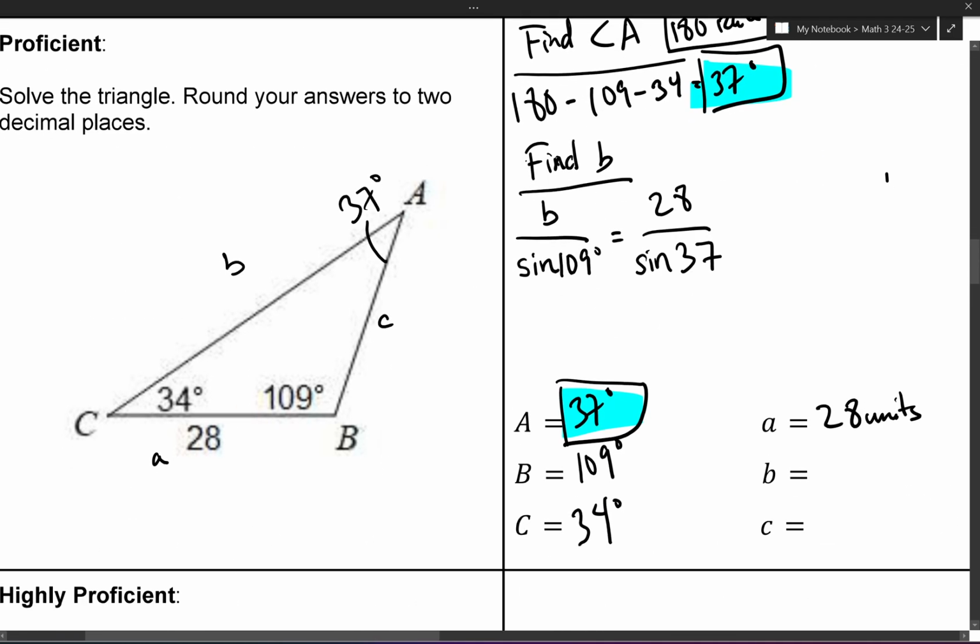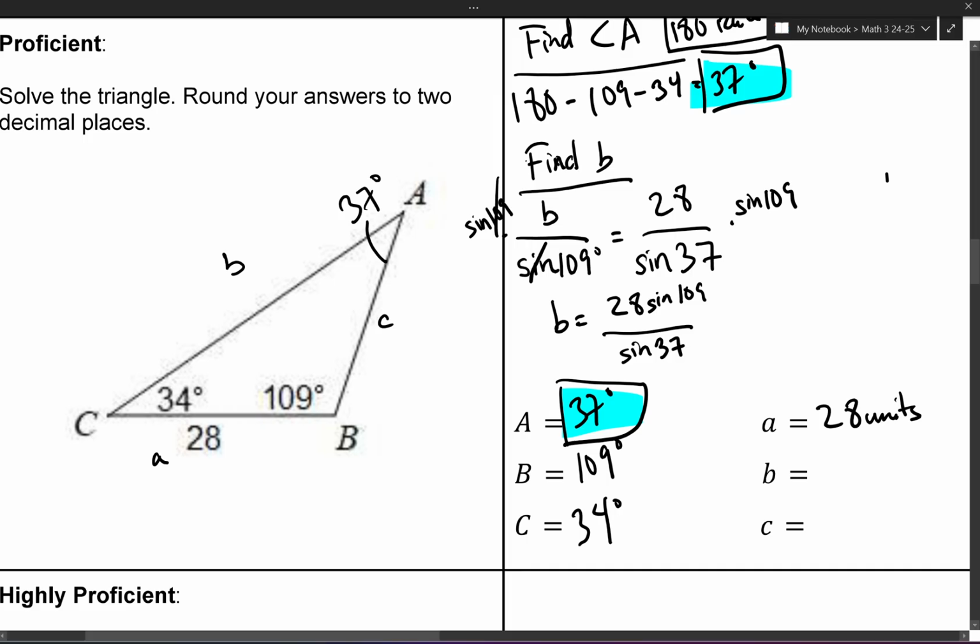So I'm going to multiply by the denominator, multiply by the sine of 109, and b equals, it multiplies to the numerator, so 28 times the sine of 109 divided by the sine of 37.